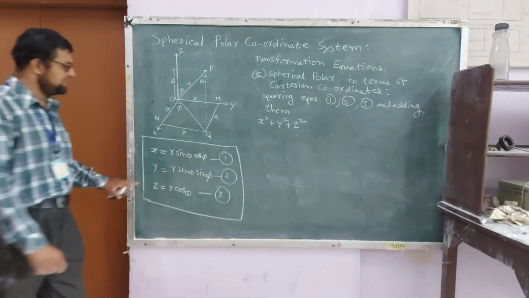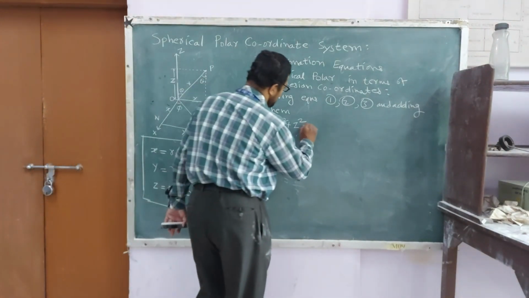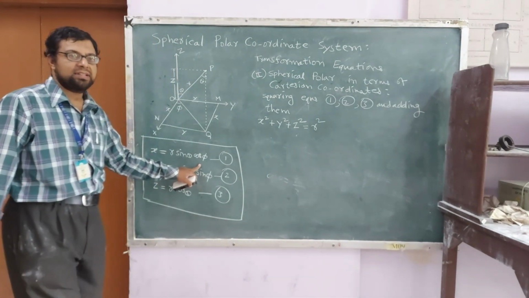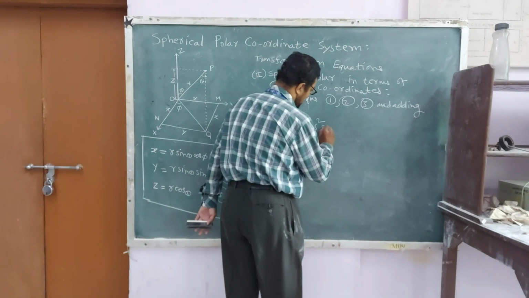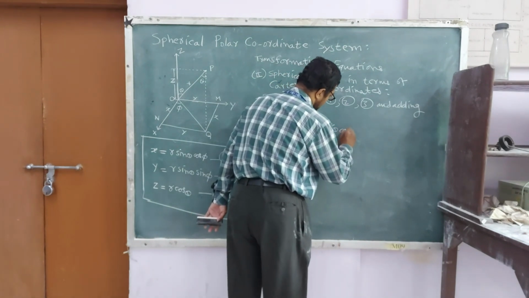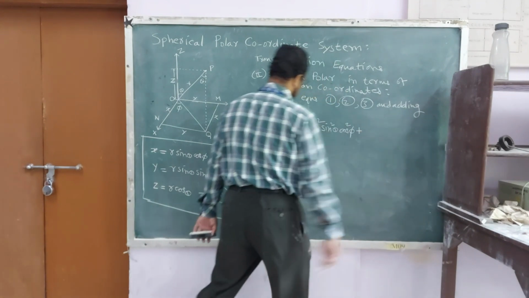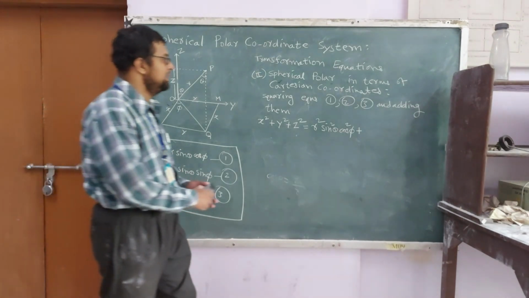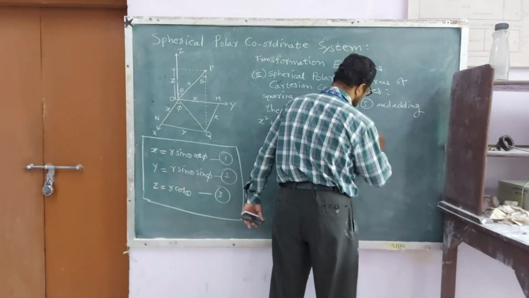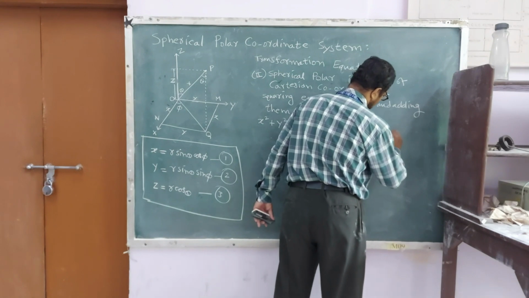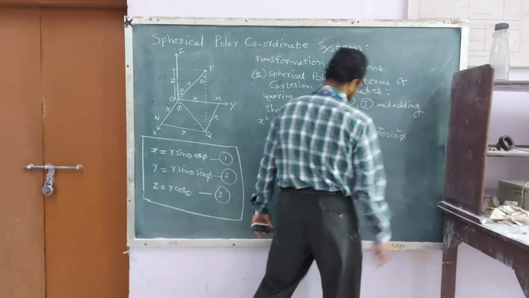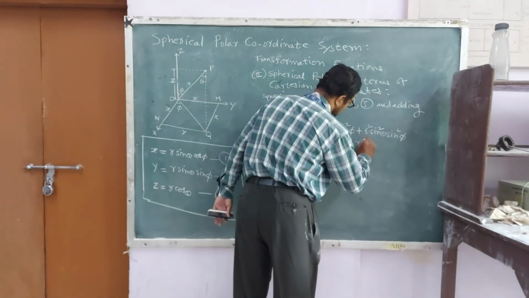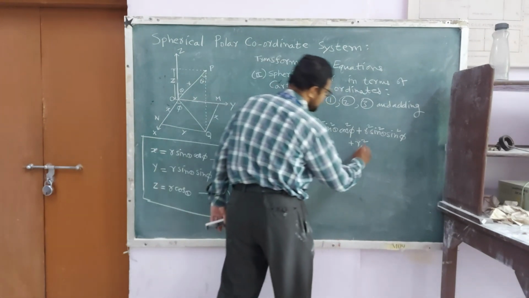On the right hand side it will be r square sin square theta cos square phi, plus the second one, r square sin square theta sin square phi, plus the third one, r square cos square theta.